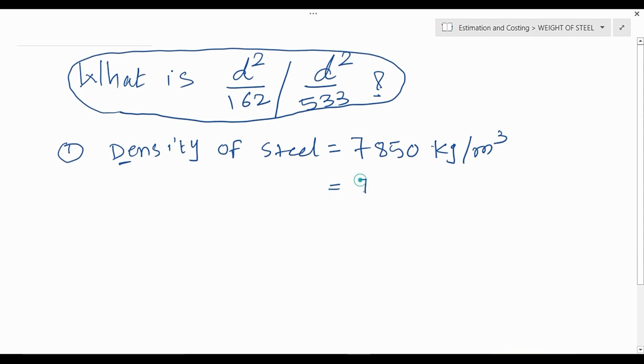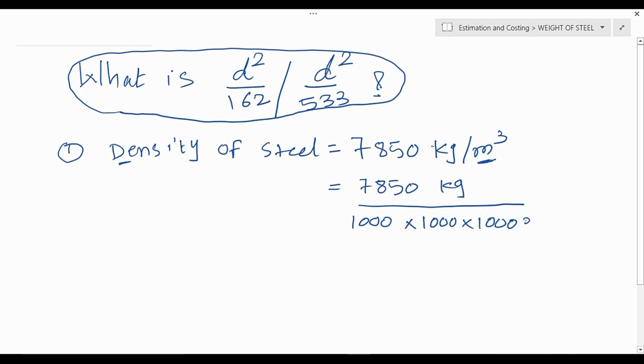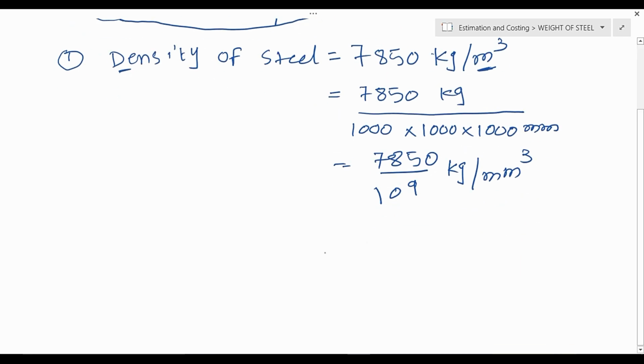So if I convert my meter cube to mm cube, it will be 1000 multiplied by 1000 multiplied by 1000, 3 times. So it will become 7850 divided by 10 raised to 9 kg per mm cube.